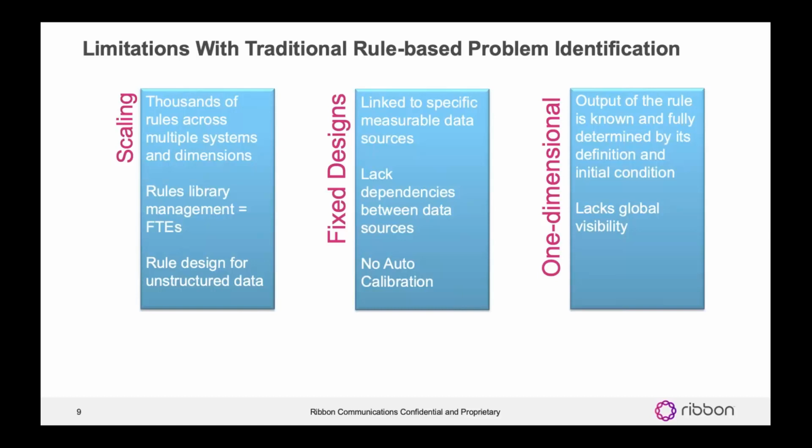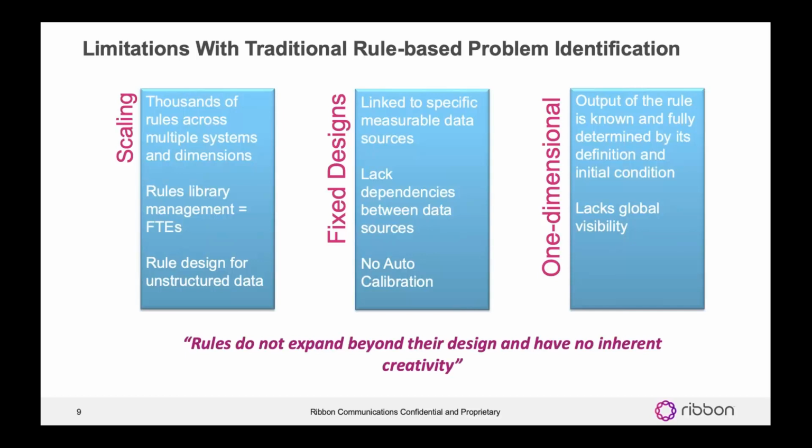So it's very one-dimensional, and you're probably not going to get the whole global visibility that you're expecting here. So these three limitations are kind of inefficient in terms of monitoring.